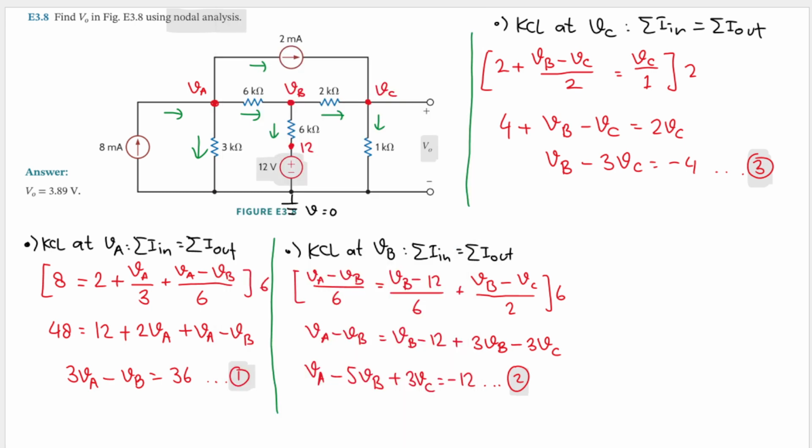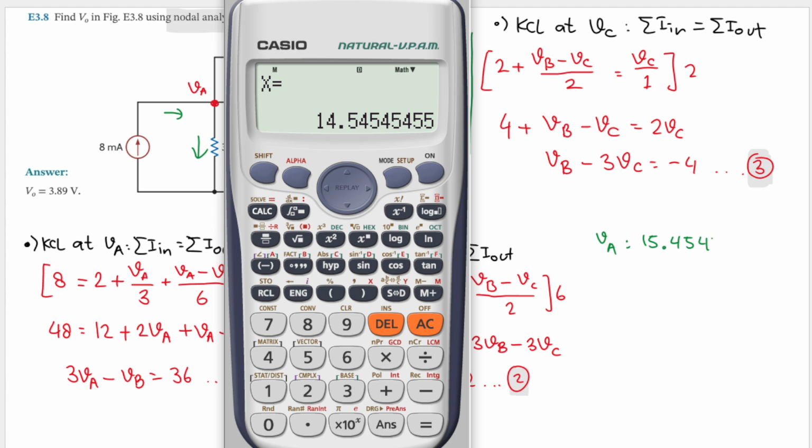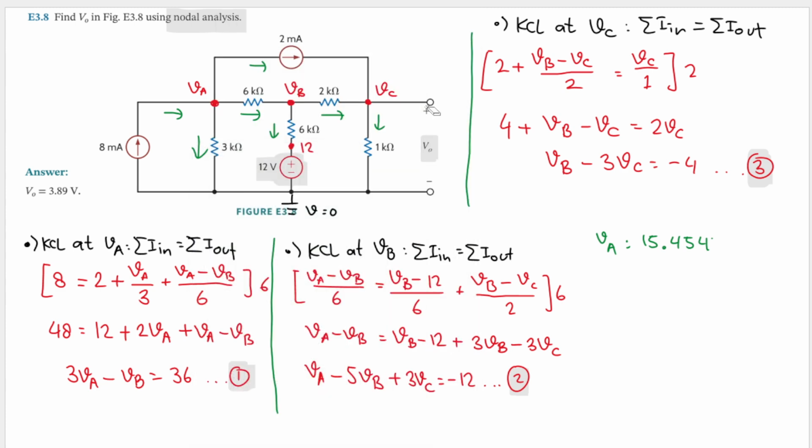Good. Okay, we have the VA value, which is 14.54 volt.